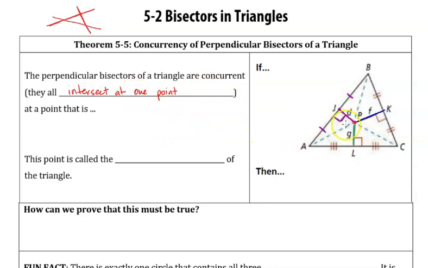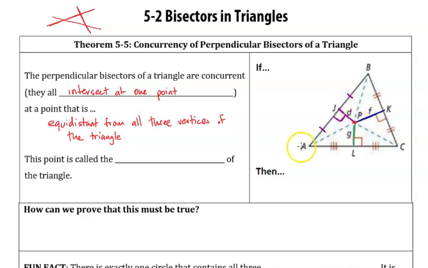And what's even more interesting is that that point is equidistant from all three vertices of the triangle. So what does that mean in our picture, right? If we have these three perpendicular bisectors all intersecting at point P, it means that the distance from P to A, P to B, and P to C, they're all the same distance.